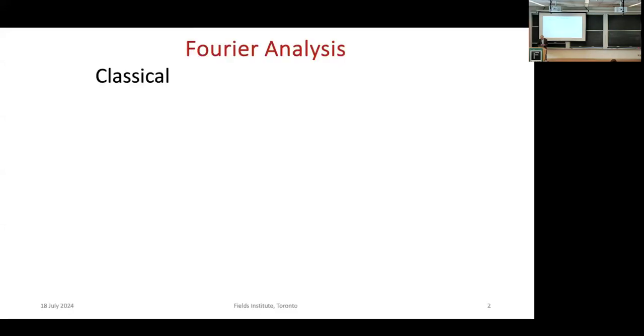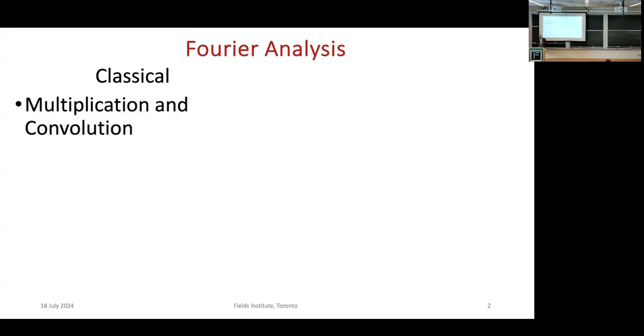So, what I'd like to talk about today, maybe it's not the main theme of the meeting, but I think it's interesting, and it involves quantum theory and quantization. It's based on Fourier analysis. And in classical Fourier analysis, we have two types of multiplication, the ordinary pointwise multiplication and convolution.